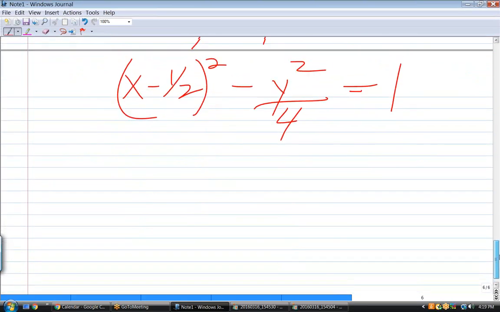Now, you know it's a hyperbola. Where's its center? Is it just 1/2? Have confidence, Mitch. You know this. You don't need to ask me. It's 1/2, 0.